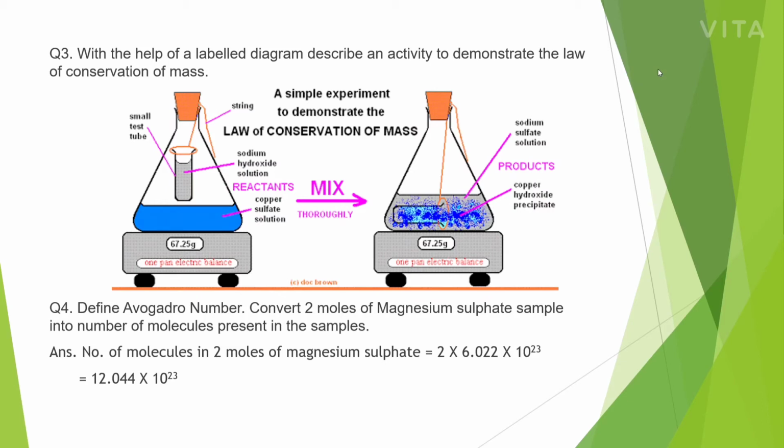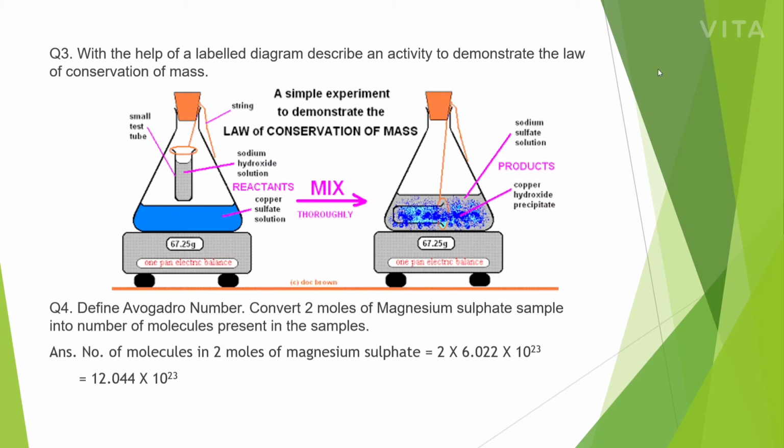Now its value is 6.022 into 10 to the power 23. Now this value has been found experimentally. So this number is known as the Avogadro constant, or we can say it is also known as Avogadro number, okay, which is represented by N naught.